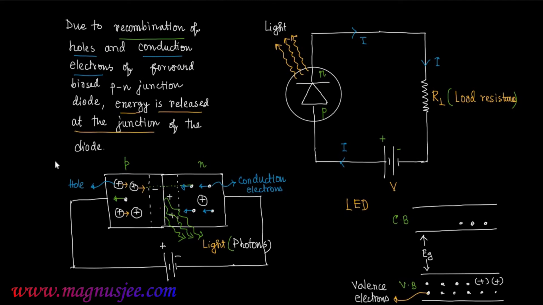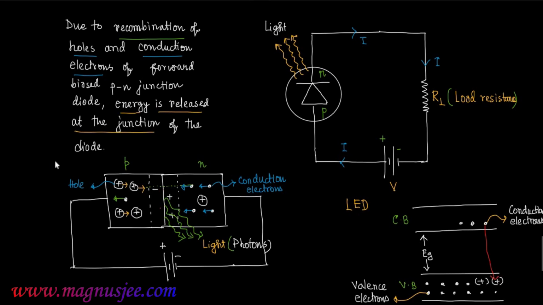But the dot in the p-n junction diode is actually a conduction electron. In this case, conduction electrons migrate nearer to the holes. That means conduction electrons jump from the conduction band to the valence band to neutralize the hole.